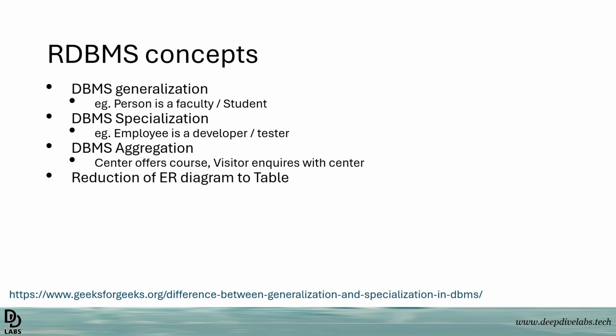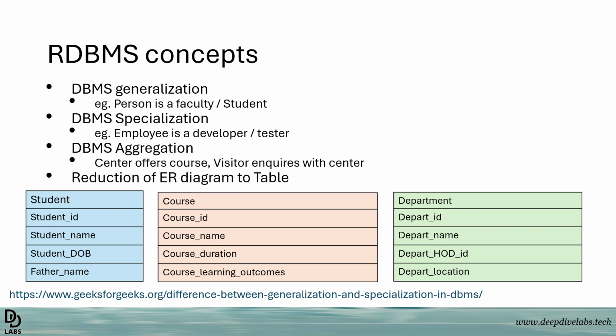Now let's take a look at how we reduce an ER diagram to a table, right? This is essentially how it would look. Your entity is essentially a real life abstract aspect like your student, your course and department. Then we had an ER diagram which said the student studies a particular course, showing the relationship in a pictorial way.